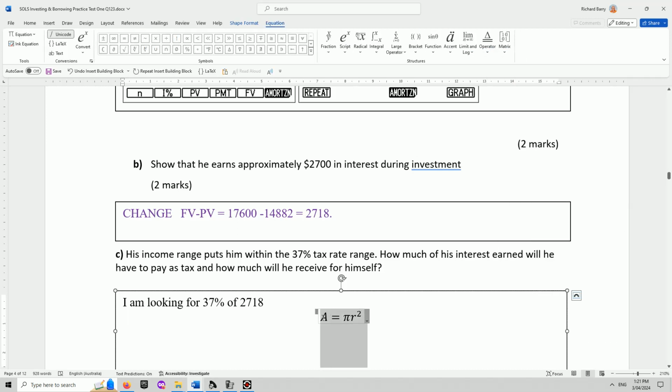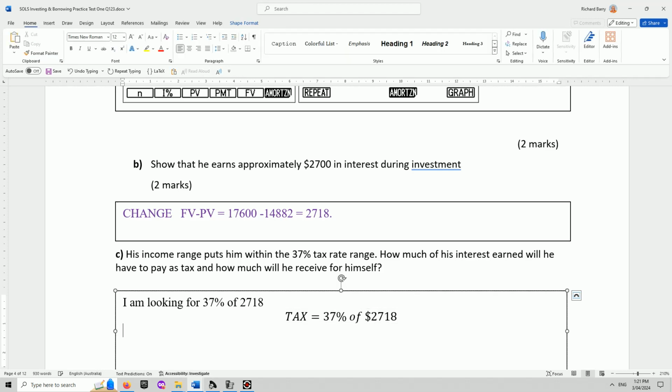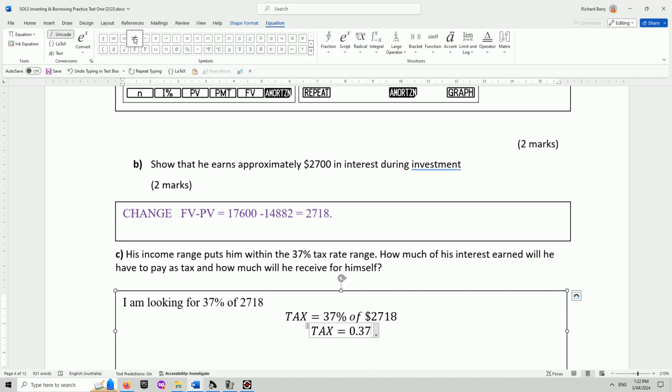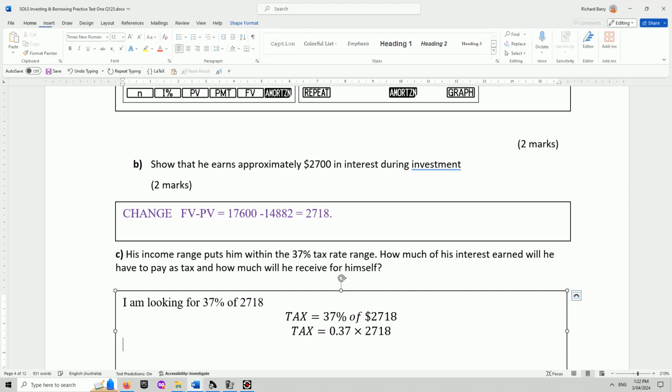Tax equals 37% of 2718. It's easier for me to copy and paste this. So 0.37 multiplied by 2718. Don't get lost in all this part. Think about what's happening here.